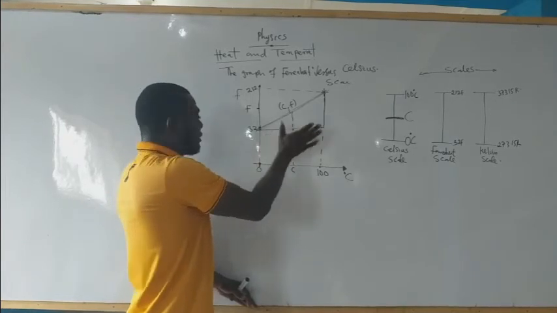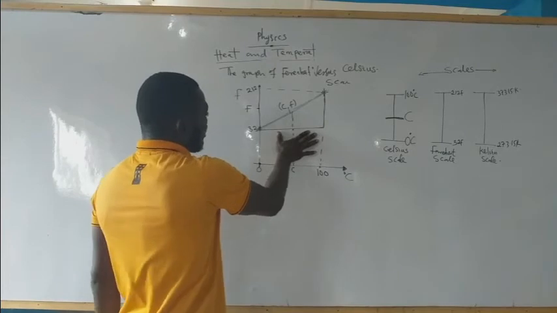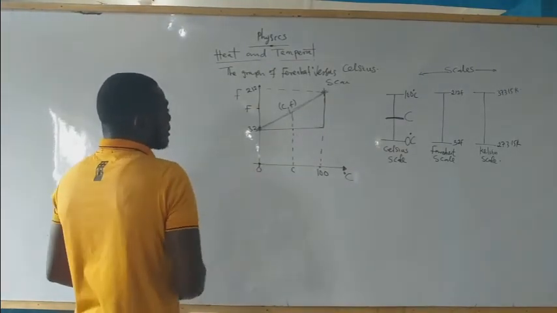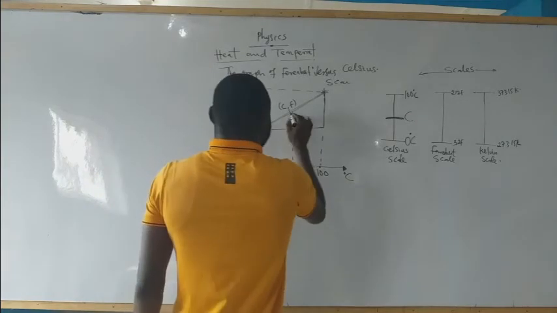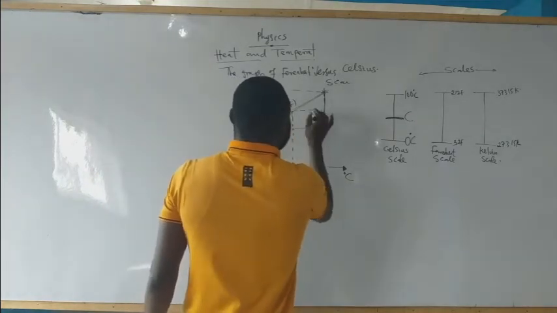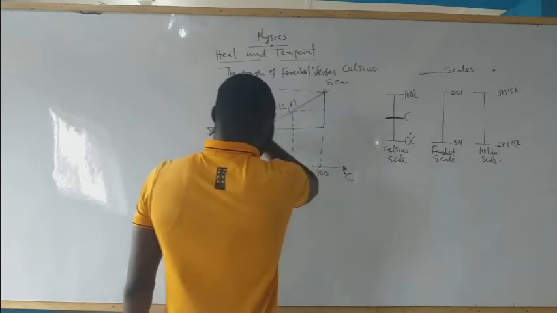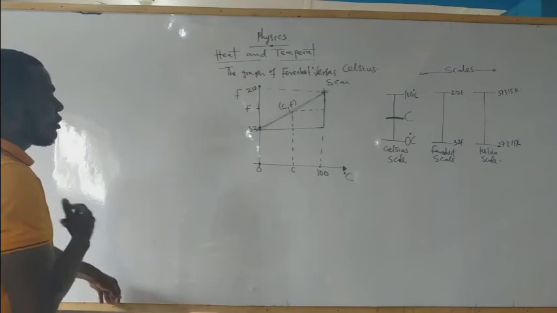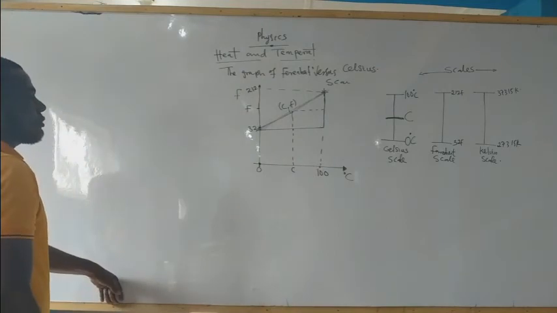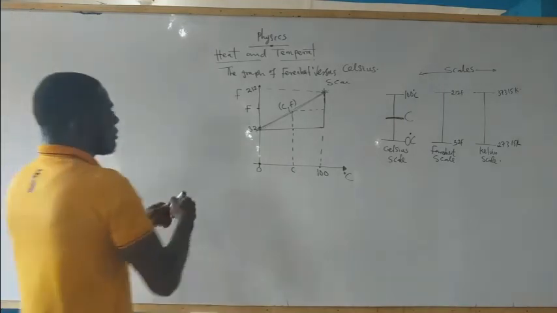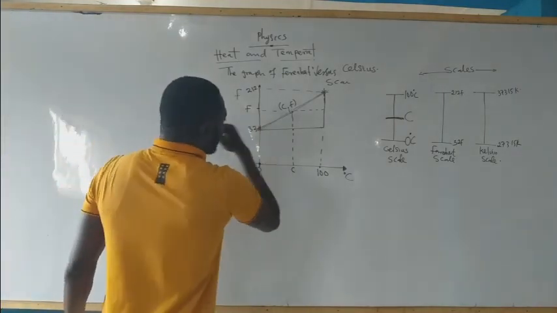This over this equals to what? We can trace this from here to this point.